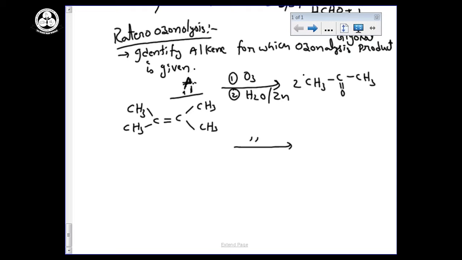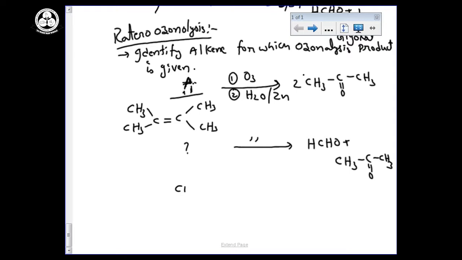Suppose I am giving the same thing, one formaldehyde and another one I am giving acetone, CH3, C double bond O, CH3. I am asking what is this alkene. You can take any one.